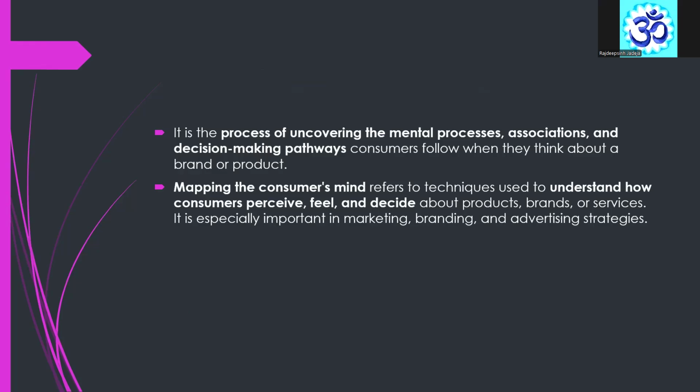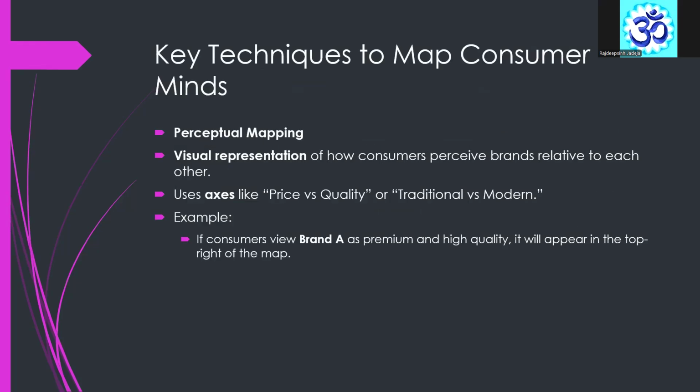Mapping the consumer's mind refers to techniques used to understand how consumers perceive, feel, and decide about products, brands, or services. It is especially important in marketing, branding, and advertising strategies.